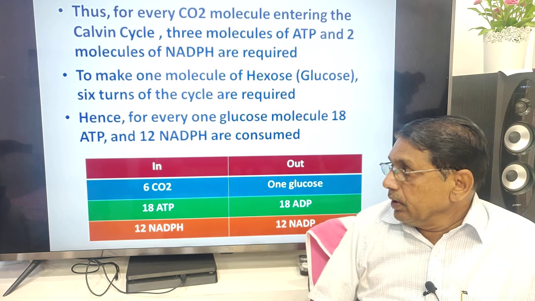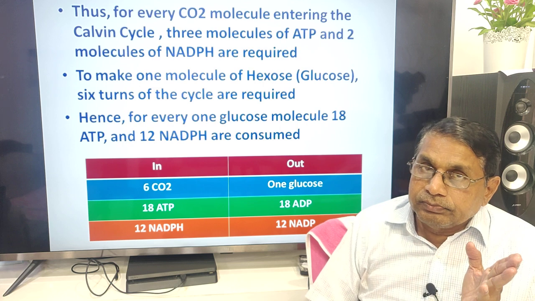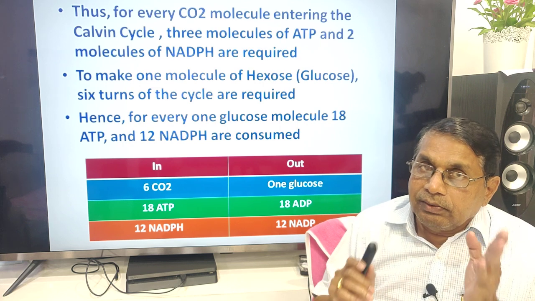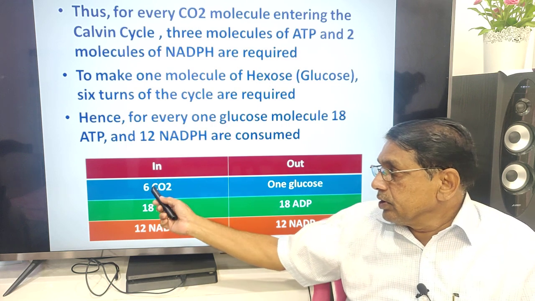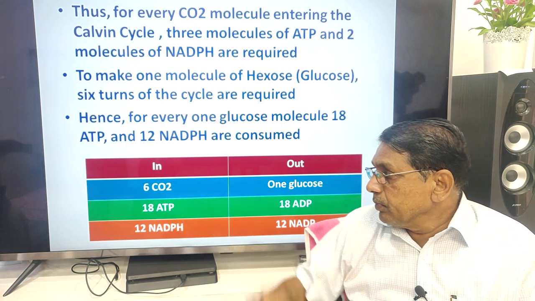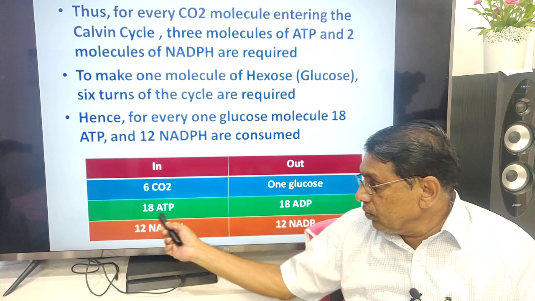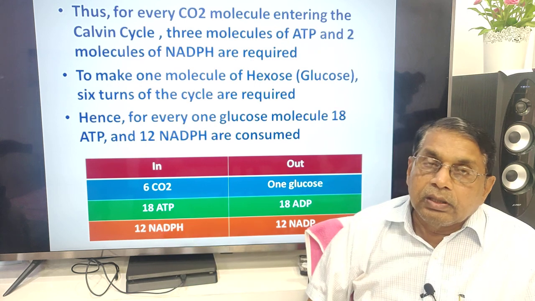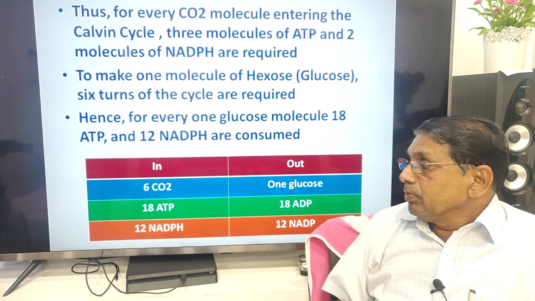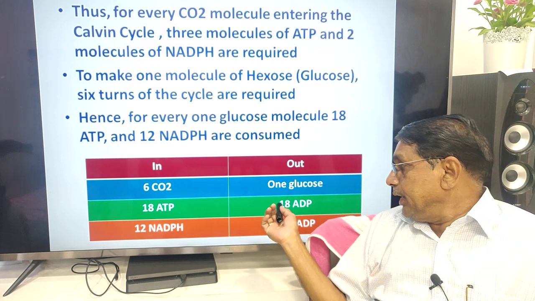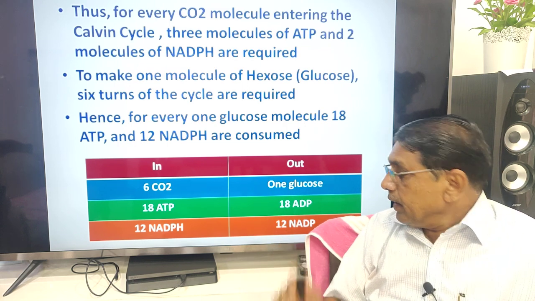This is also important. Overall, in the Calvin cycle, input is 6 CO2 from the atmosphere, 18 ATP, 12 NADPH. Then what comes out of the Calvin cycle? 1 glucose molecule, 18 ADP, 12 NADP.